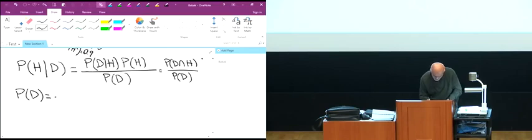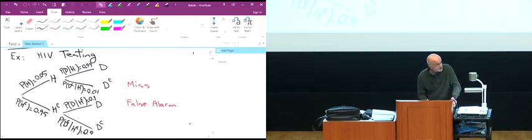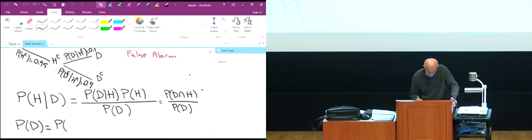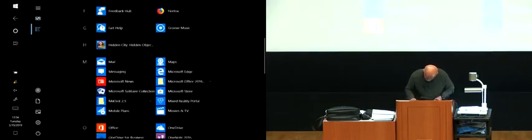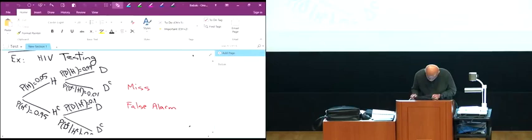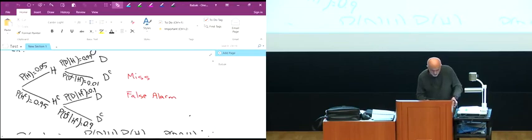Probability of D is the probability of D and H. How do you figure out the probability of D and H? D and H plus the... Yeah, so the probability of H and D, this is H and D, correct?